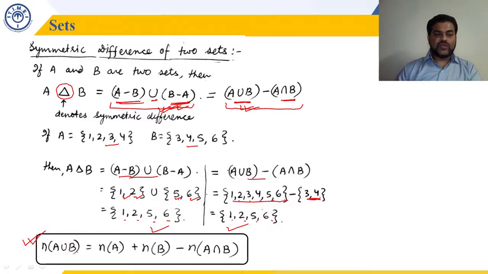The number of elements in A union B is the number of elements in A plus the number of elements in B minus the number of elements in A intersection B. When we add the number of elements in A with the number of elements in B, the common elements are being added twice. That is why we have to subtract these common elements once. Okay. Fine. Let's look at some examples.